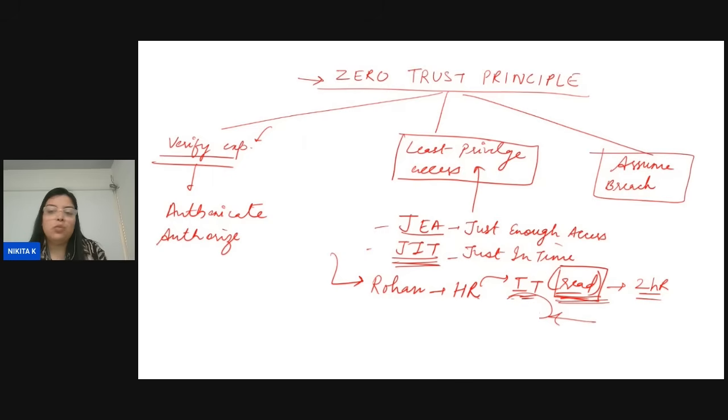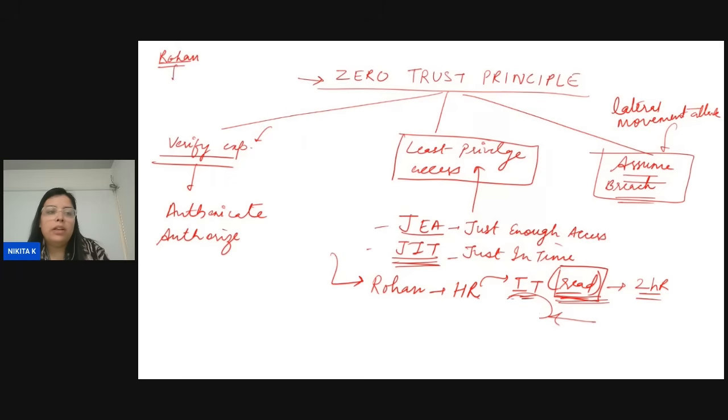Then comes assume breach. Assume breach means that in advance, we are assuming that some mishap will take place. Mishap means, let's say the identity is breached or someone gets the identity. So we need to stop the lateral movement attack. Lateral movement attack means, let's say I am the attacker and I got access to Rohan's system.